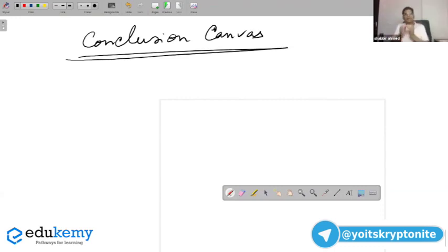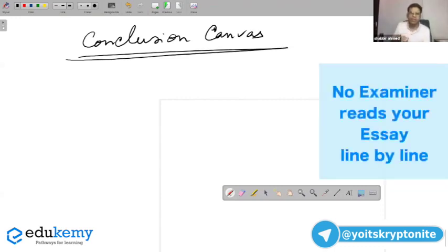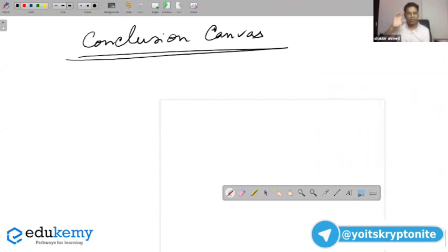No examiner reads your essay word by word or line by line. At best, they look at the first 1-2 pages properly. Then they quickly see through your body, and toward the last 1 or 2 pages, they read again. So you should be focusing on the conclusion, so that you do not lose the overall packaging of the essay.